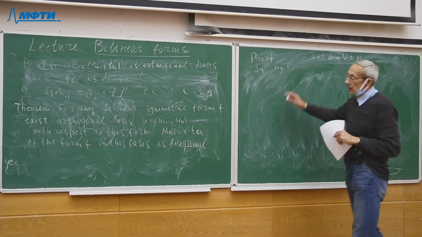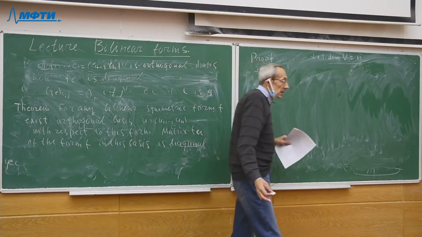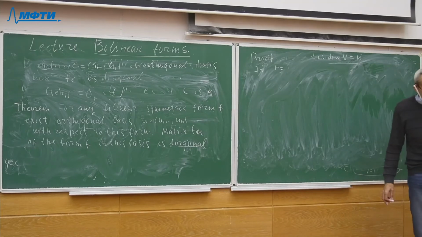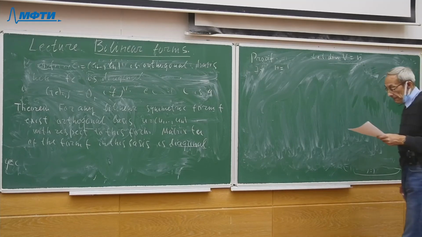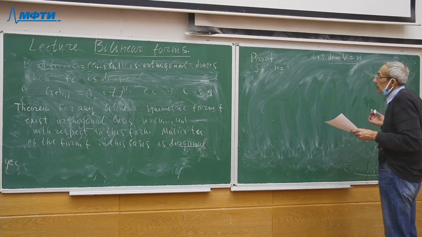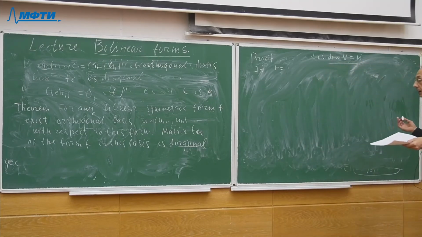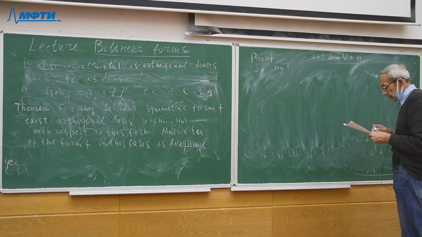If n is equal to 1, it is easy to see that any basis is orthogonal, and F can be the zero form or non-zero. In any case, any basis is orthogonal.